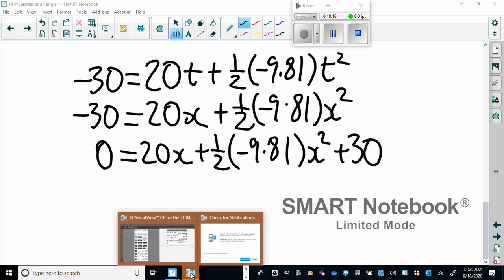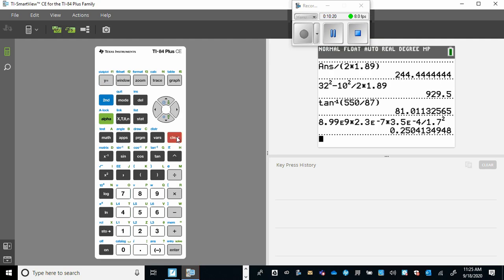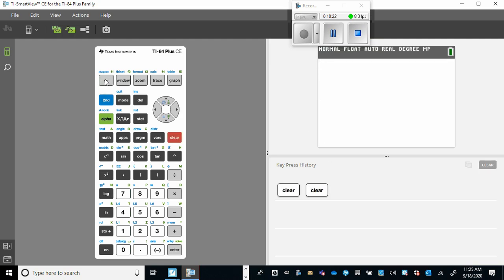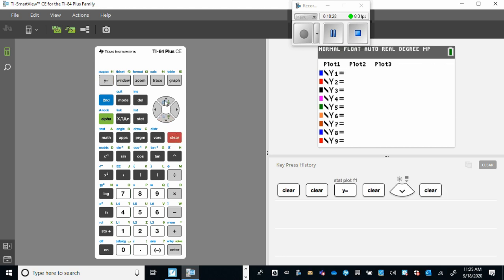Now I'm going to put this into my graphing calculator. So you get out your graphing calculator, and here we go. Let's clear all that. I'm going to press y equals. You're going to have to do this a million times. I'm going to clear that, and clear that, and put that equation into y1.